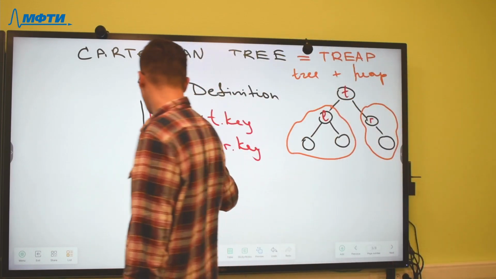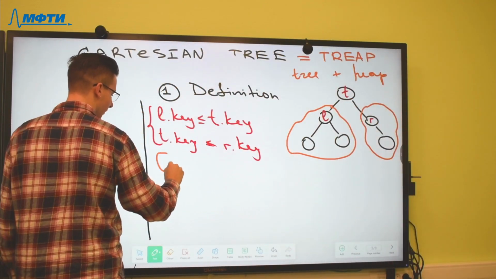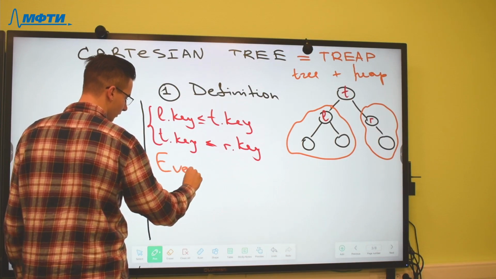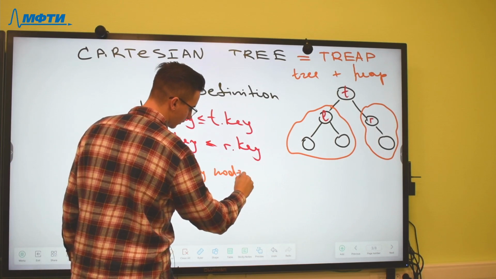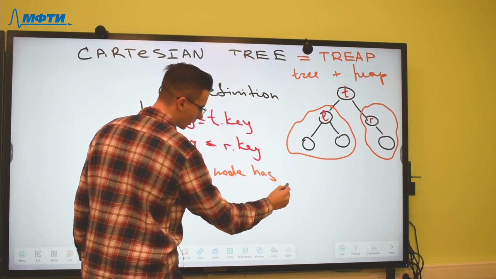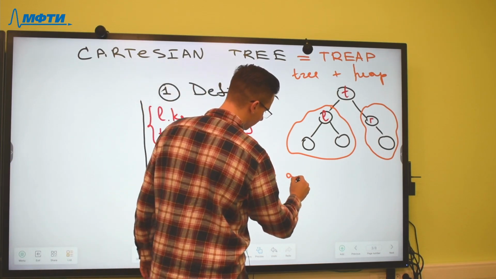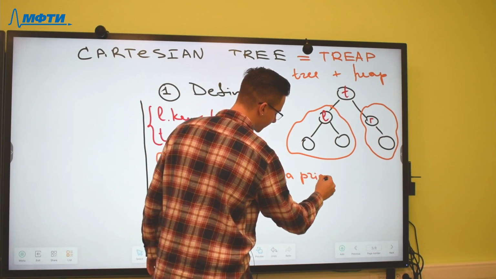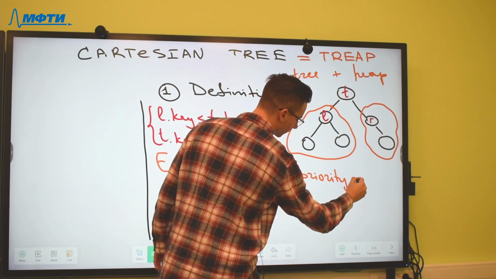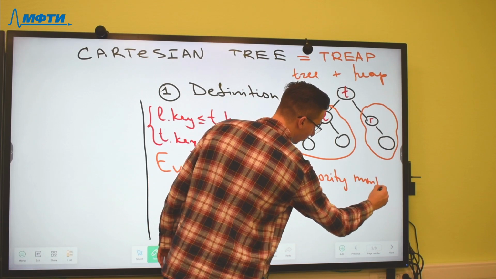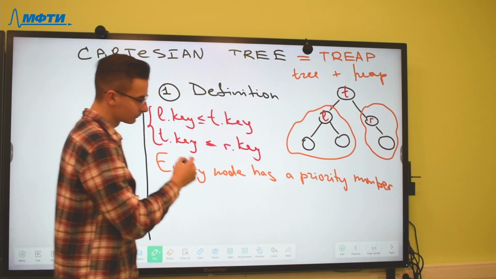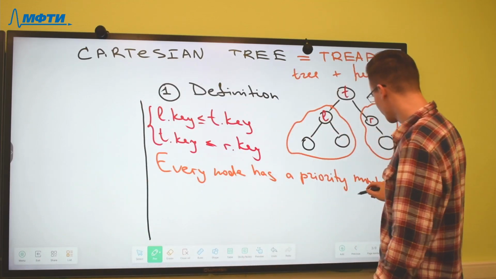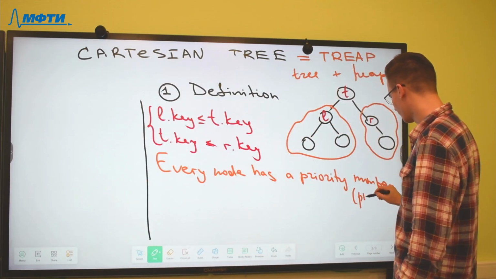So we say that every node has a priority number. I shortly write it like Pn.